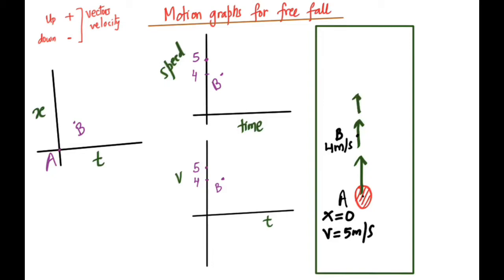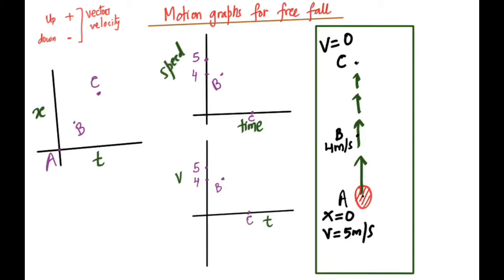As it goes ahead, the velocity or the speed further decreases and it reaches 0. Because the speed at this point is equal to 0, we can see that we have plotted point C on the x-axis. That means showing that the speed at this point is equal to 0.